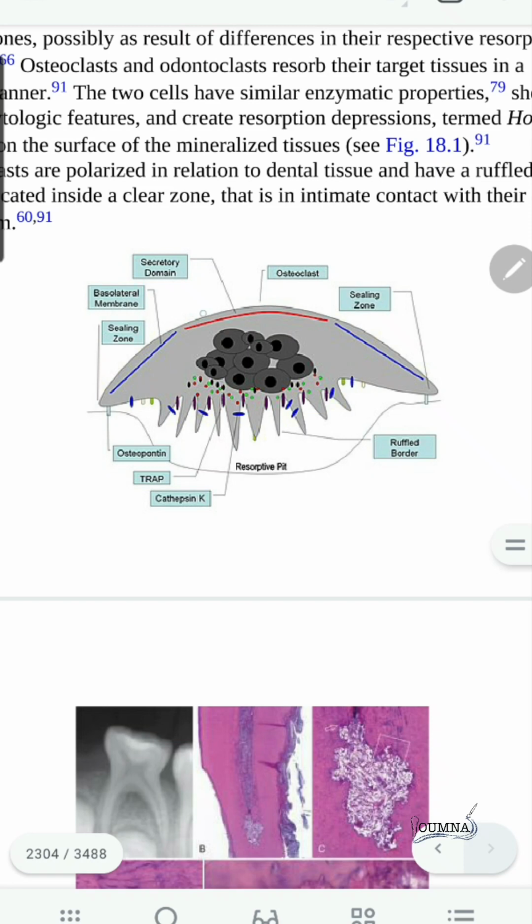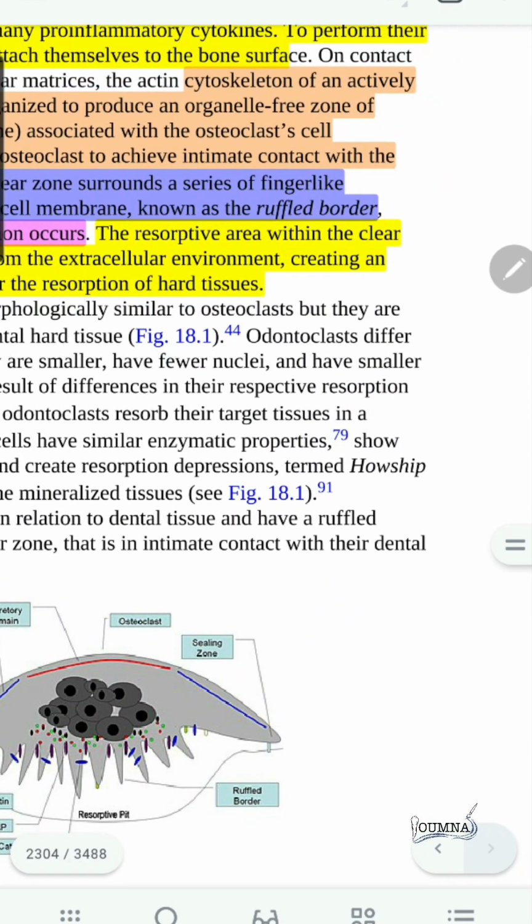Its cytoplasm forms a non-nucleated region that is called the sealing zone that adheres to the surface to do the resorption. It has finger-like projections that are called the ruffled border.